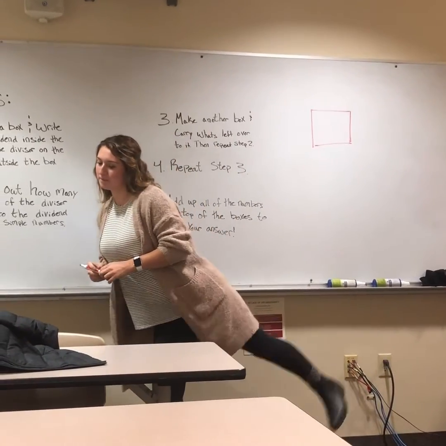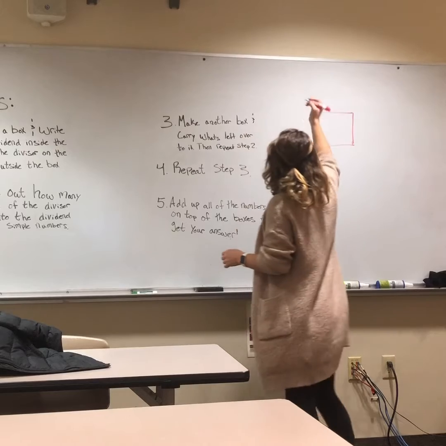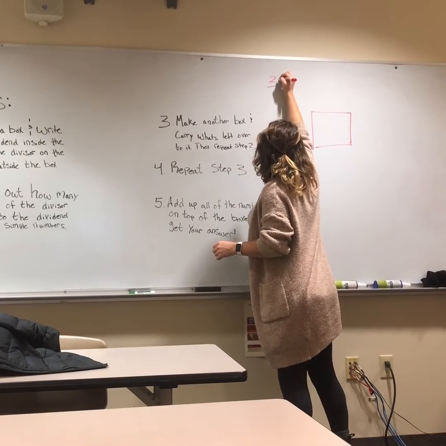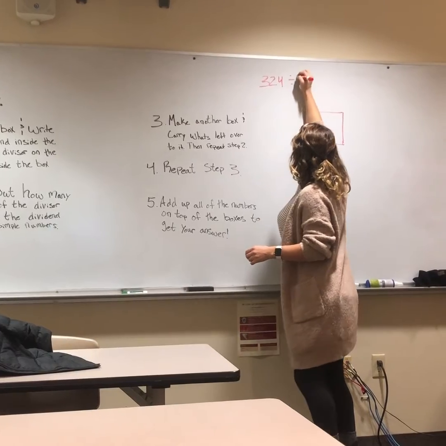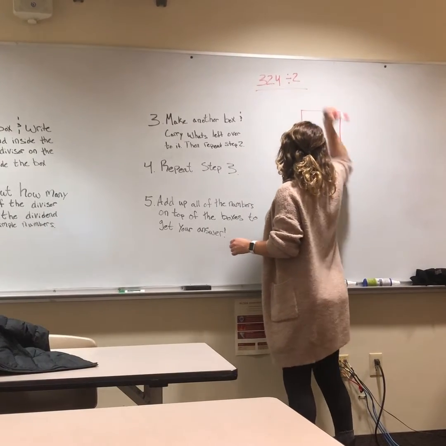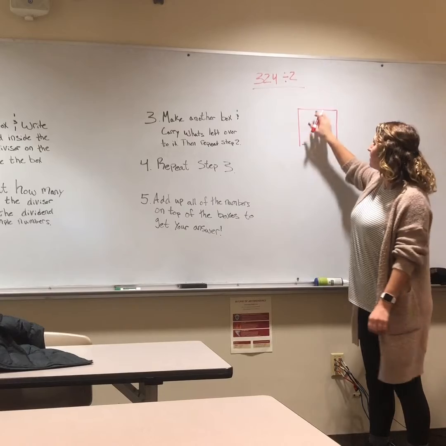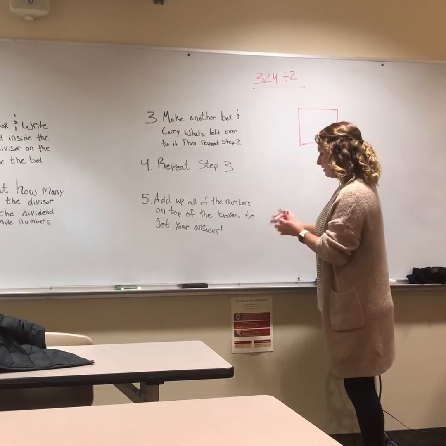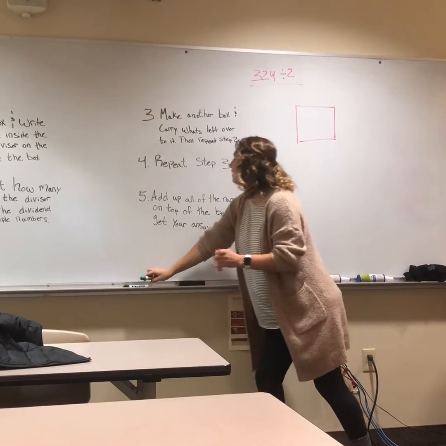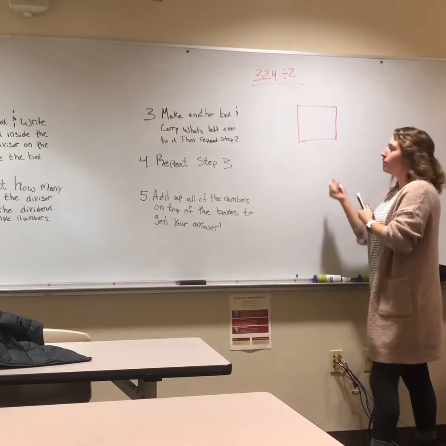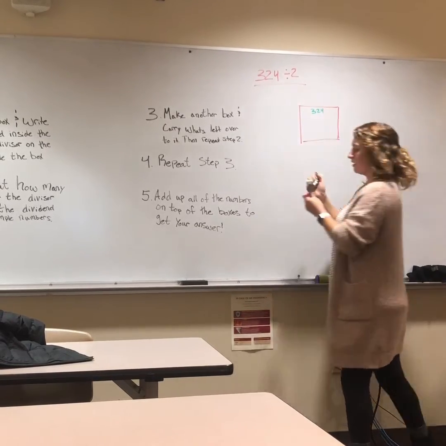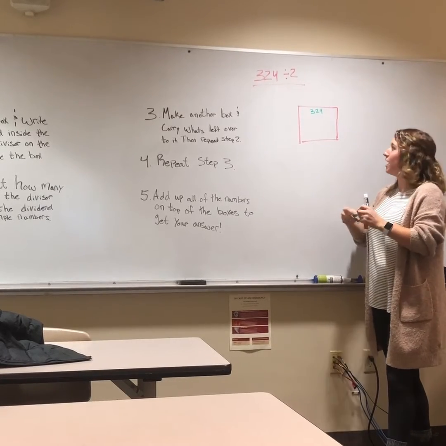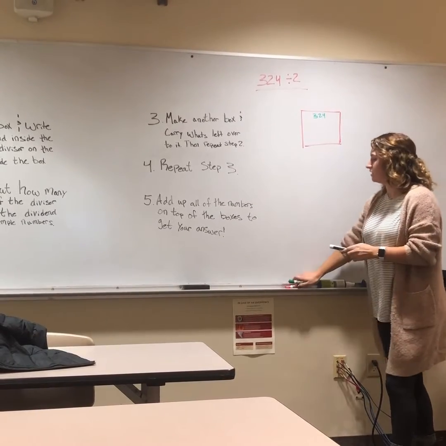We'll do 324 divided by 2. So we're going to put the dividend inside, which is 324. And then we're going to put the divisor outside, which is 2.